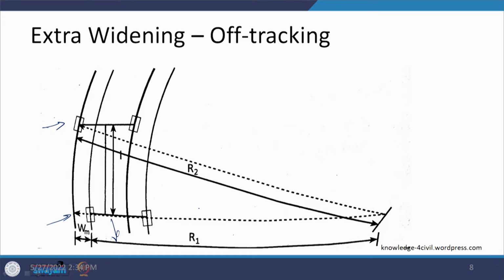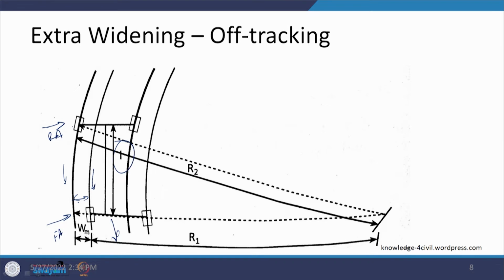But if it is a long vehicle, the base is quite long and this base length is defined as L here, then these wheels are going to be on the outer side. If this is the front axle and this is the rear axle, then the path followed by the wheels is different, and that is where you have this type of movement towards the outer side.